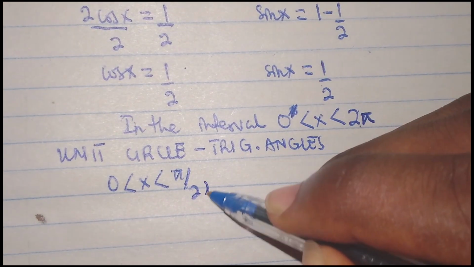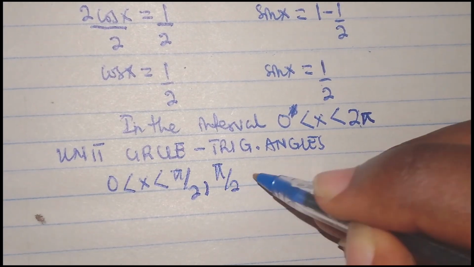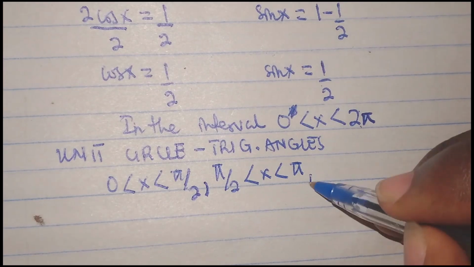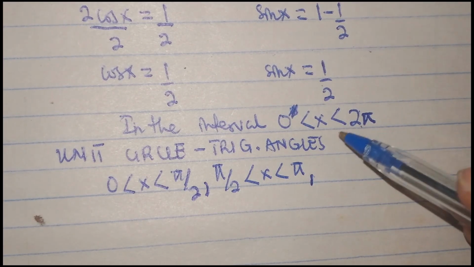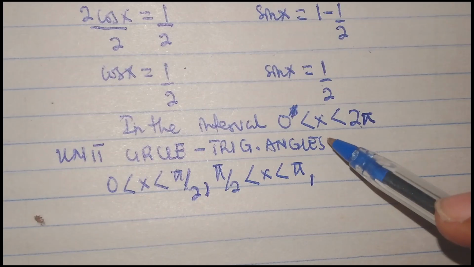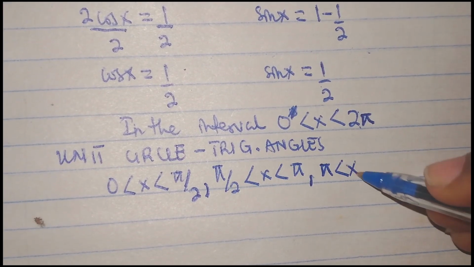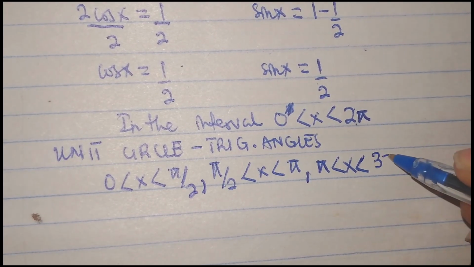Then we take the obtuse angles, pi on 2 less than x less than pi. Then we also take another set of angles, from pi less than x less than 3 pi on 2.